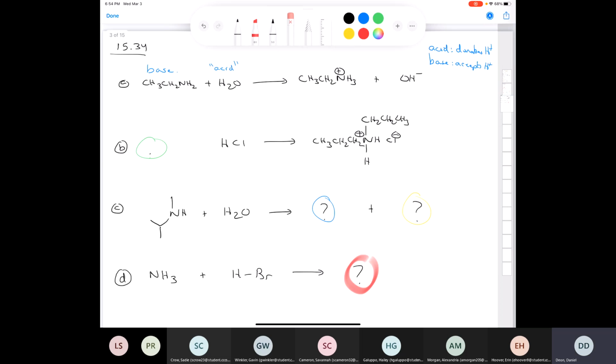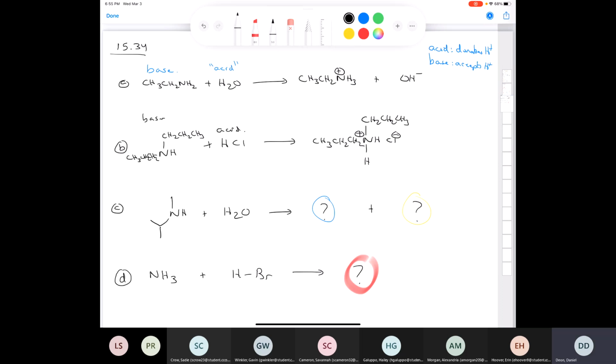The next one says something plus HCl gives us this alkyl ammonium chloride salt. So what would it be? Well, if we're adding HCl to it, HCl is an acid. And so we need to have some kind of base, and our base is going to be an amine. So our base is going to look like this. It's going to have NH with the two propyl groups, one here and one here.